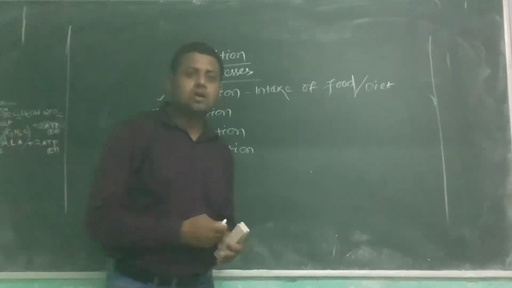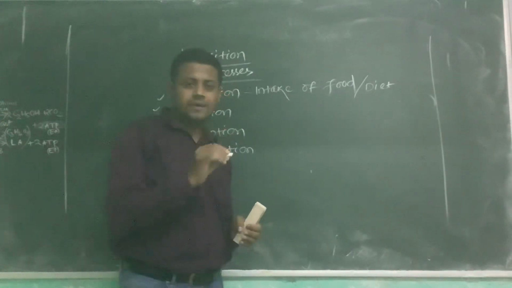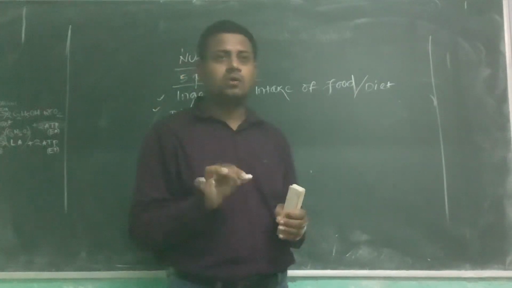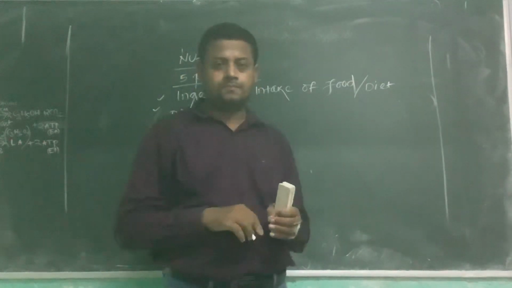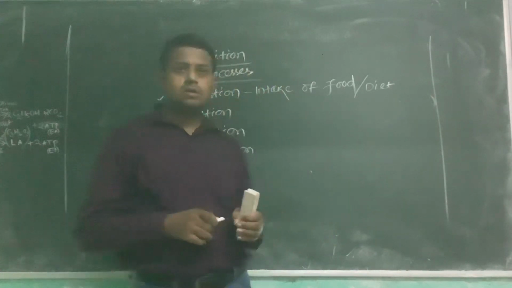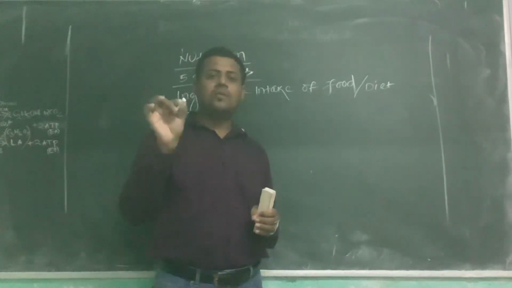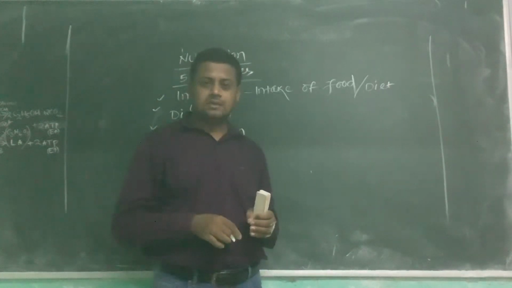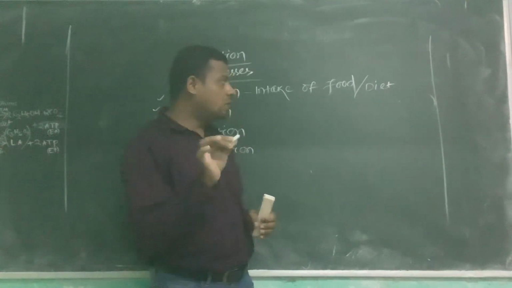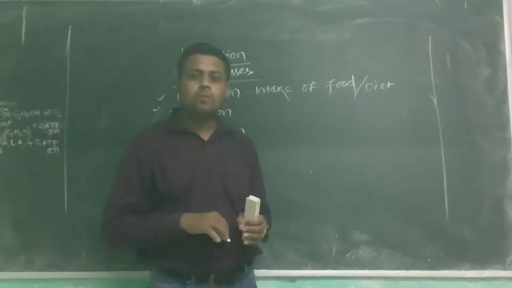Animals, mostly multicellular animals, ingest the food or diet through the mouth. What is the mouth? The mouth is an opening bounded by 2 lips, L-I-P-S, through which animals can ingest or take in food or diet.